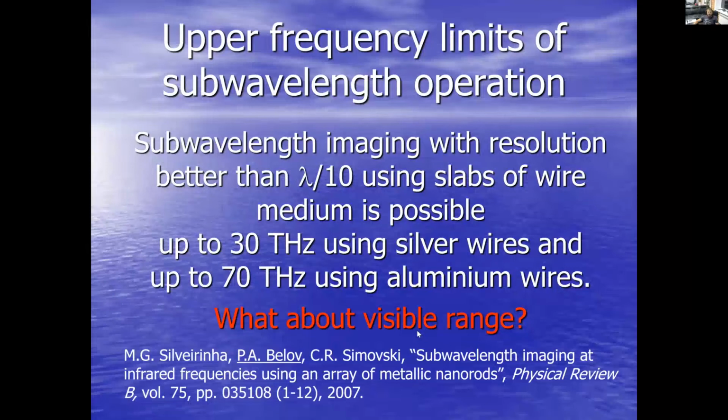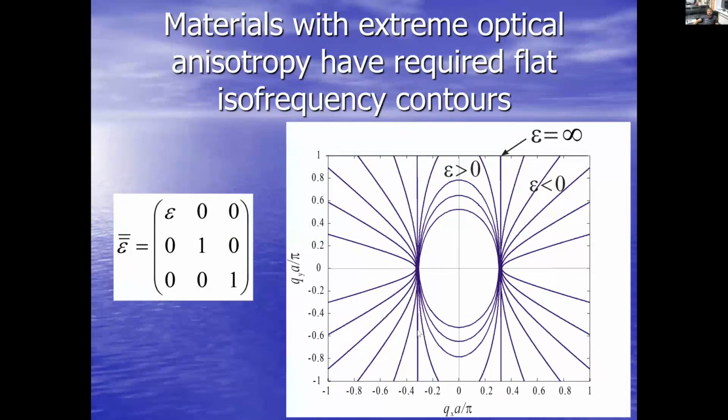In order to have a flat isofrequency contour in the visible range, they decided to think about materials with extreme optical anisotropy. So basically uniaxial media with, say, epsilon along one direction equal to something, and 1 and 1 along other directions.